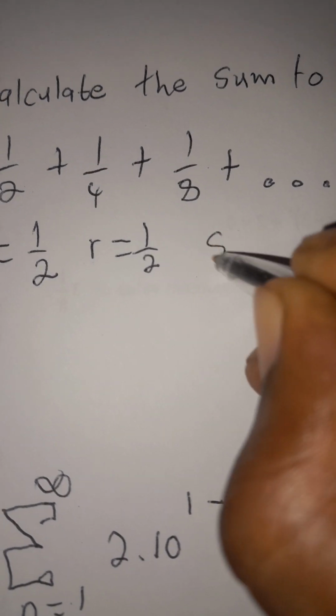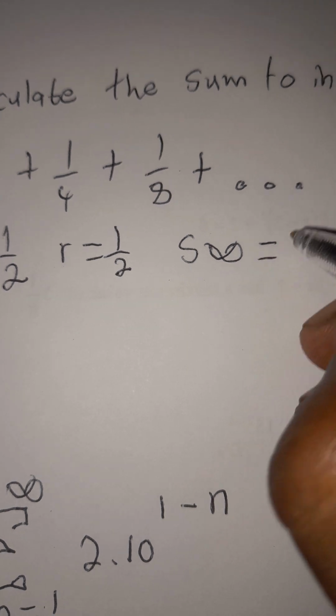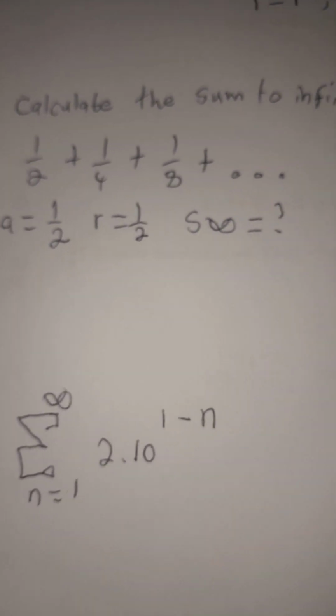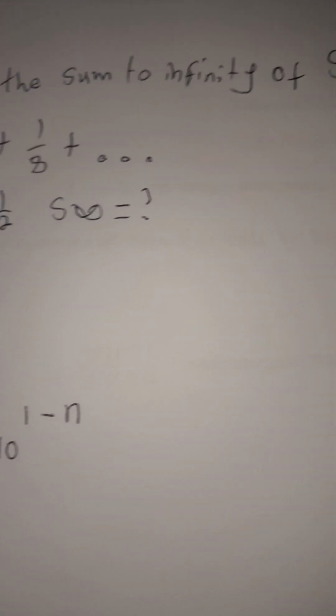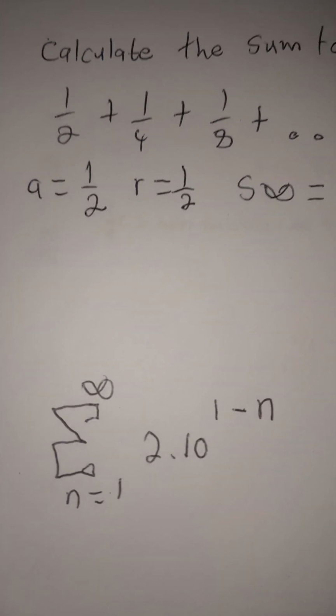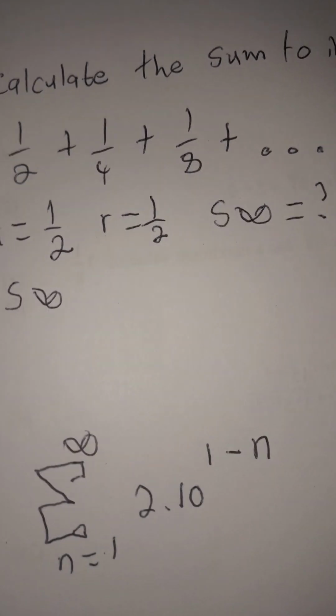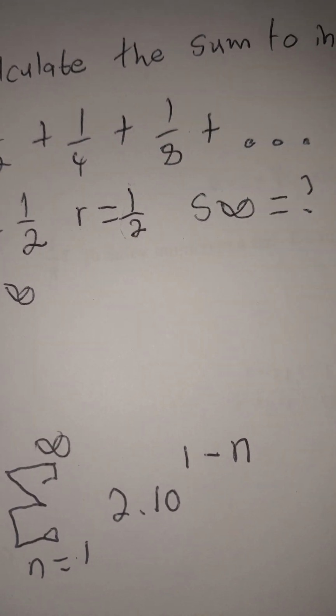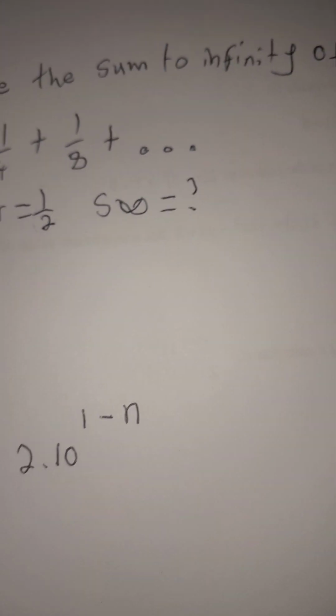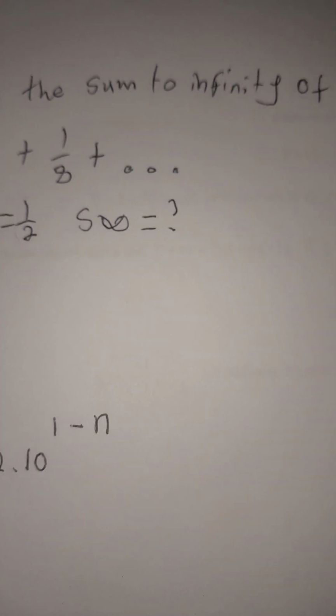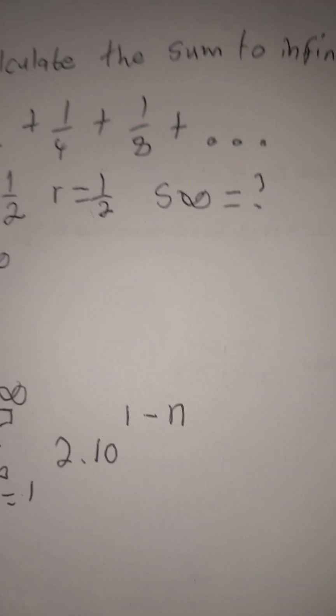What we don't know is the sum to infinity. Our question says calculate the sum to infinity of a geometric series, so what is missing is the sum to infinity. You need to apply the formula. Since r is 0.5, it's closer to 1, so in this case the series exists.